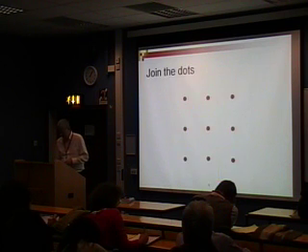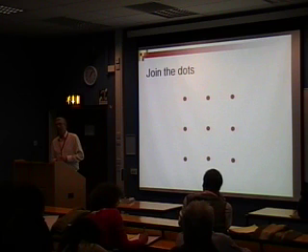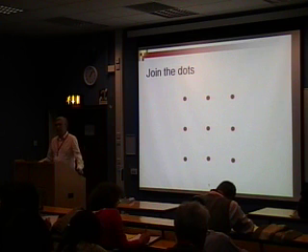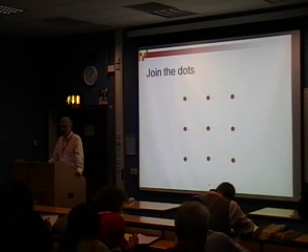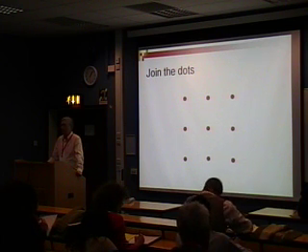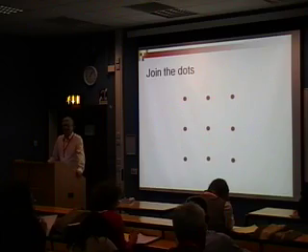A second example of that: here you join the 9 dots, join those 9 dots by drawing 4 straight lines and without lifting your pen off the paper. Okay, again, once you know the trick, it's easy. 4 straight lines joining all the dots and without lifting your pen from the paper. I'll give you a little help. It's all about thinking outside the box.